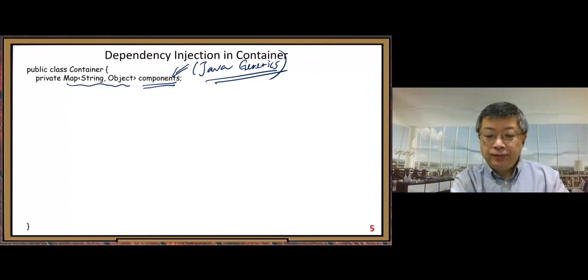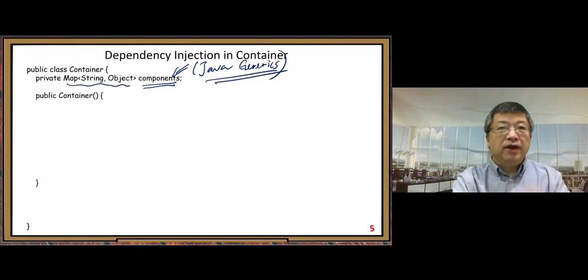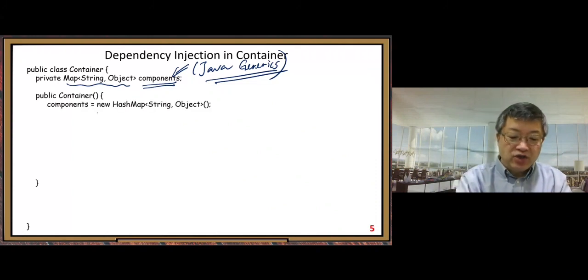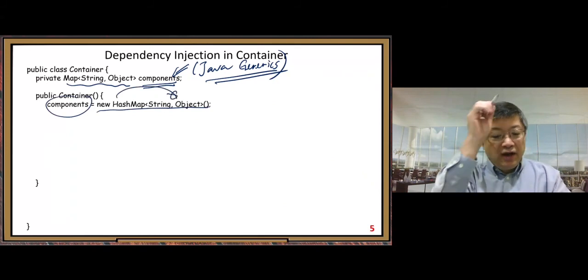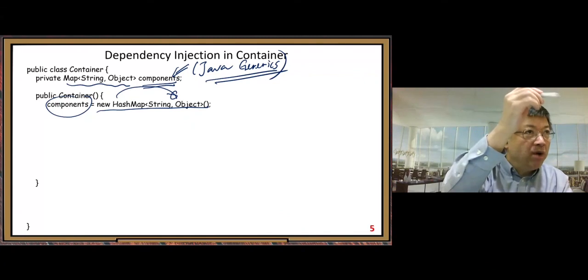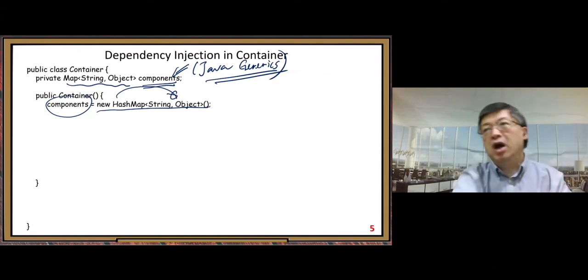All right. Then the container constructor. First, we construct that components map object so we can store all our components in this object.